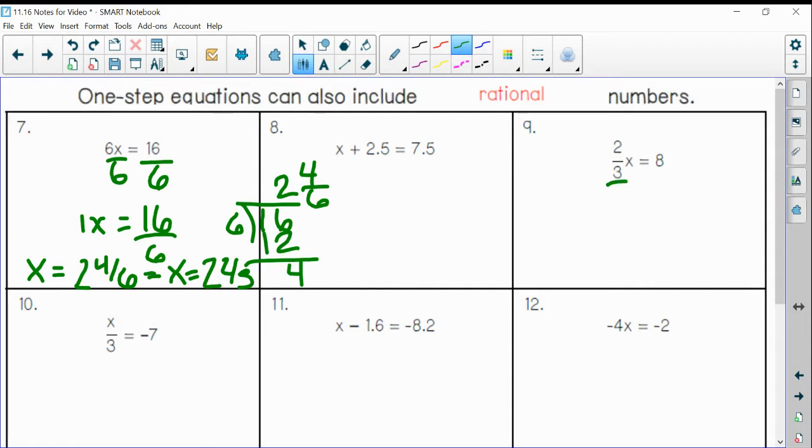So to get rid of times a fraction, I can just multiply both sides by the fraction flipped, or its reciprocal, because I'm going to cancel out 6 over 6x, which is just 1x. So I can go ahead and say that 6 over 6x is equal to 8 times 3/2.